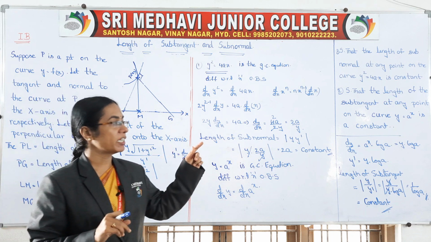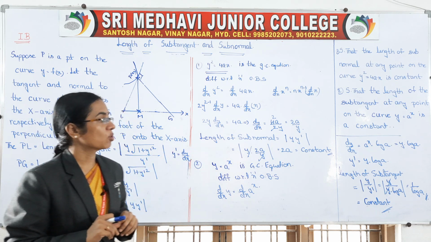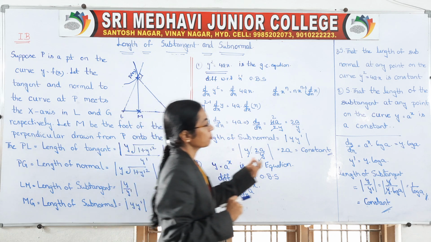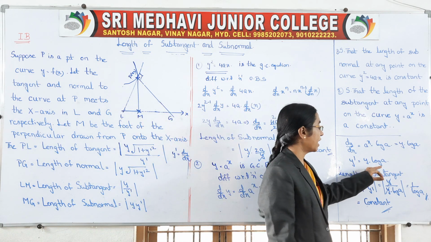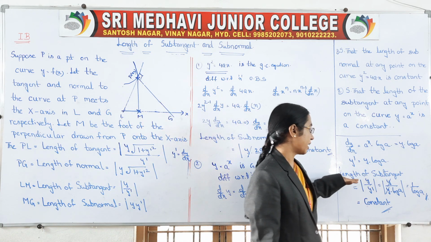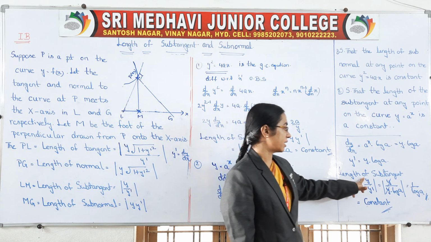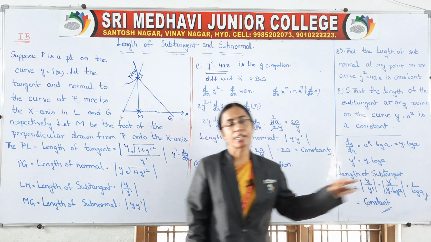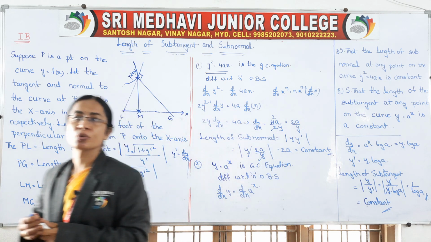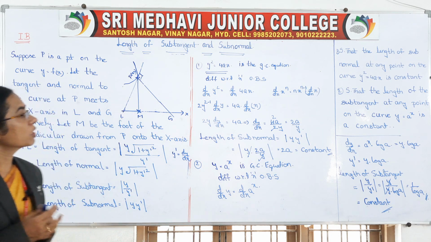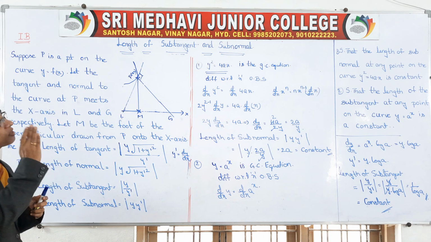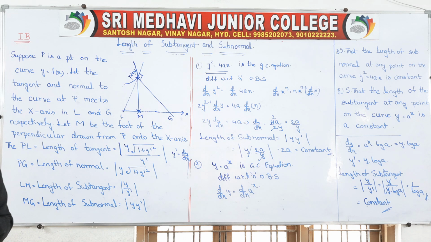So it is y into log a. So y dash, dy by dx, is equal to y log a. So length of subtangent is y by y dash, and we got a constant value. So this is about your length of subtangent and subnormal.